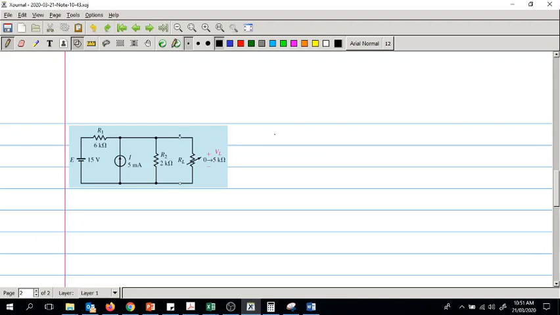I'm going to remove the sources as well, and draw the circuit in here. So this is a short and this is an open, and you have a resistor here, and that's that. So this is 2 kilo ohms and this is 6 kilo ohms.